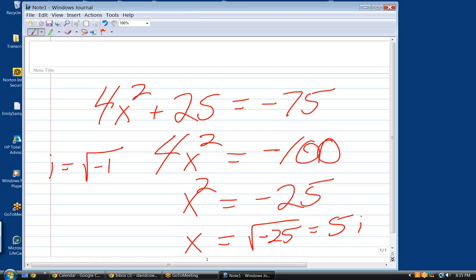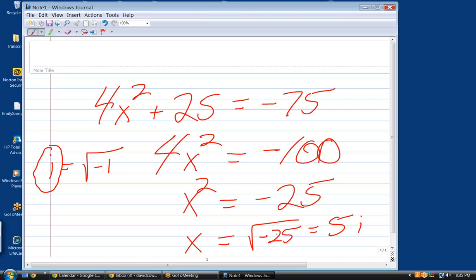Now, why is it called imaginary? Because there are no two numbers that multiply to a negative number, right? Any number multiplied by itself is always going to be positive, so you can't get a negative number. So they make up this concept of an imaginary number that's equal to the square root of minus 1.